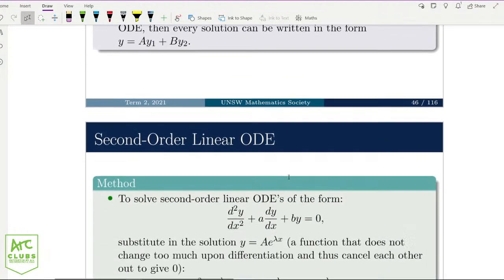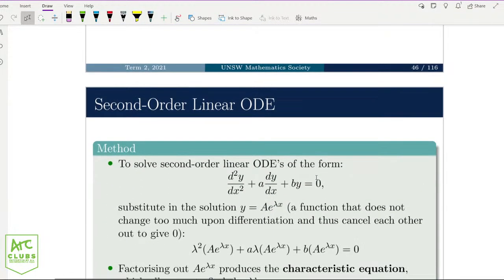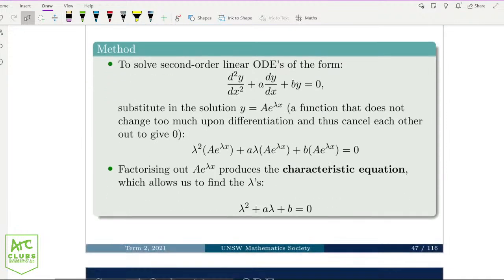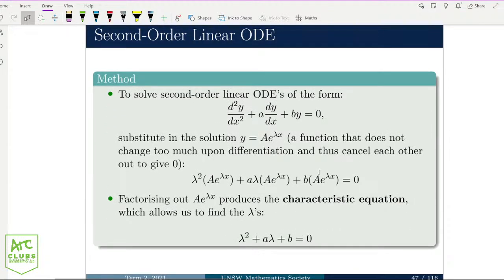All right, so with our second order linear ODE, the way we approach these kinds of questions is that we substitute in this particular solution. And the reason we've chosen to substitute this general solution into our equation is because we're trying to look for a function that doesn't change too much upon differentiation.